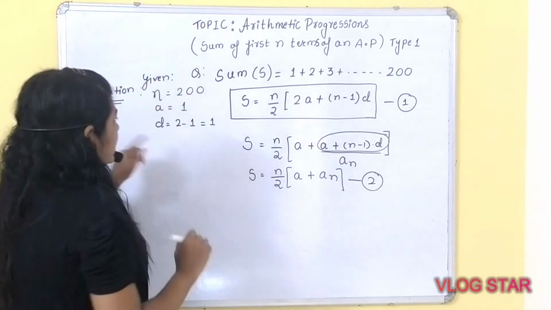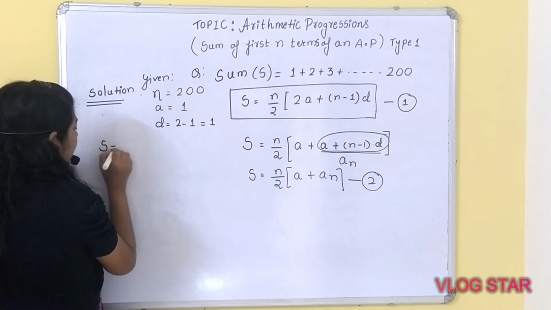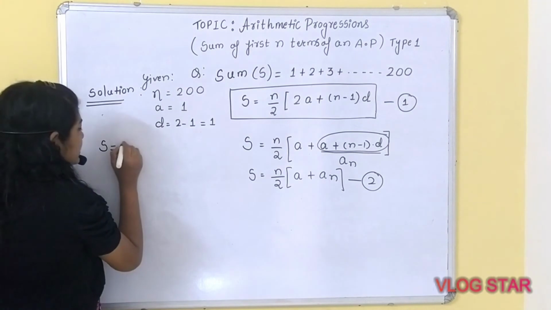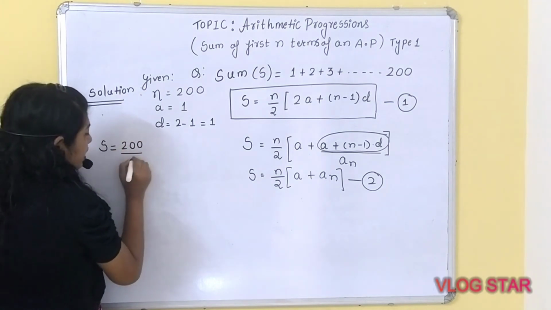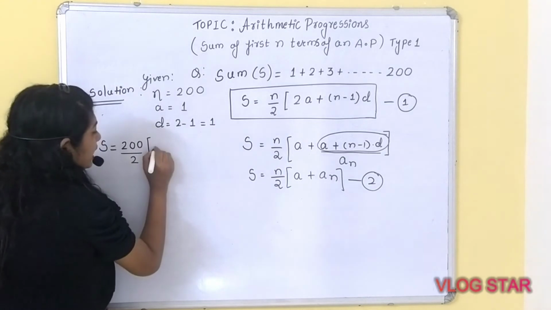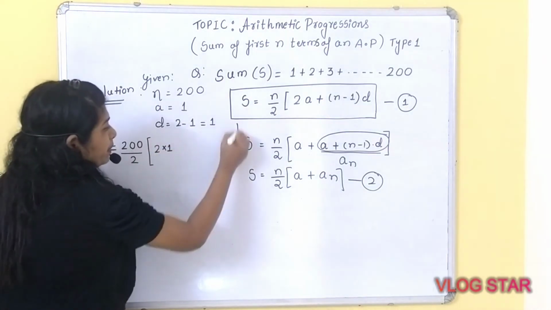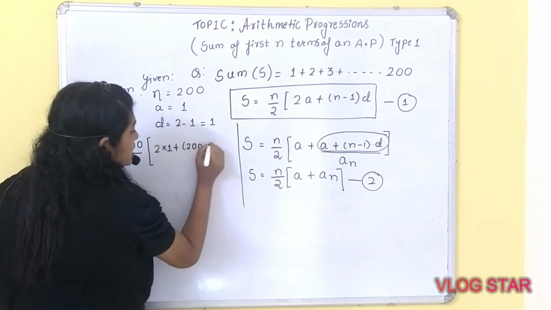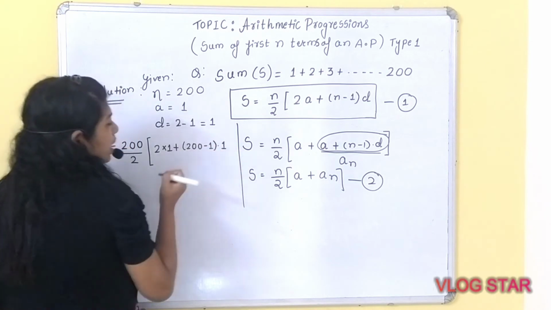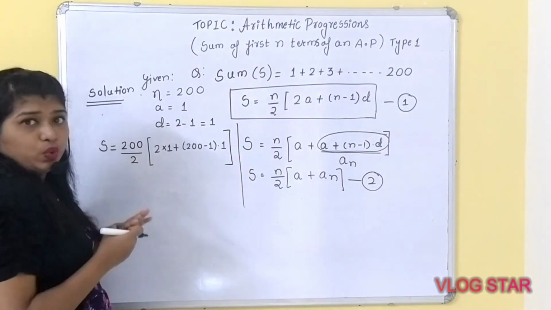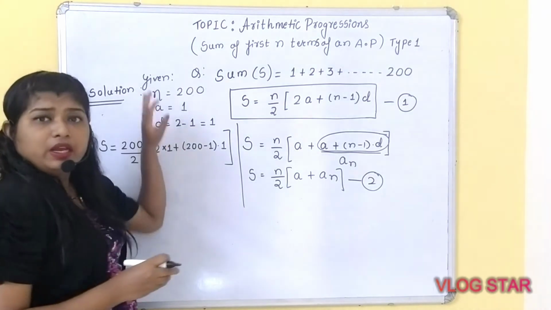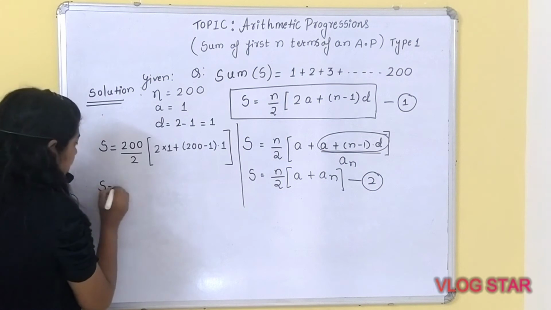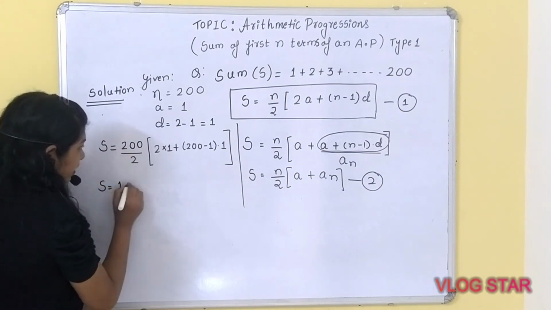With the help of this given data, you need to find the value of S. So S is equal to n, which is 200, upon 2 inside the bracket 2 into 1 plus (200 minus 1) into 1. Simply substitute the given data inside the formula. What you will get: S is equal to 200 divided by 2 is 100.